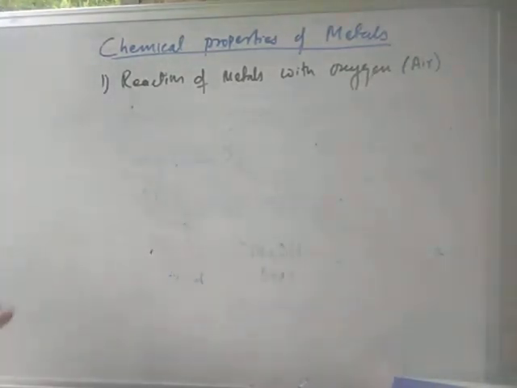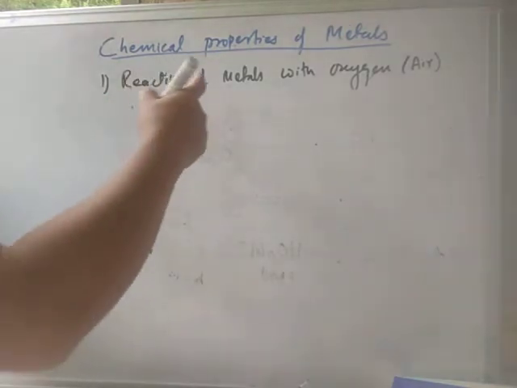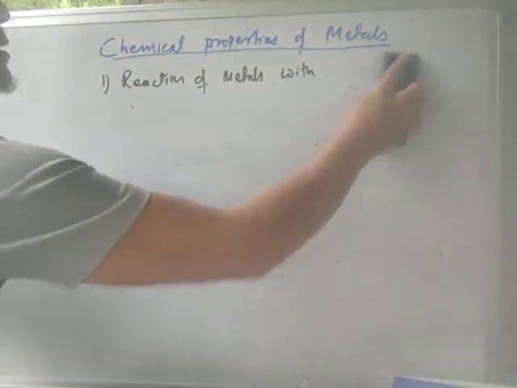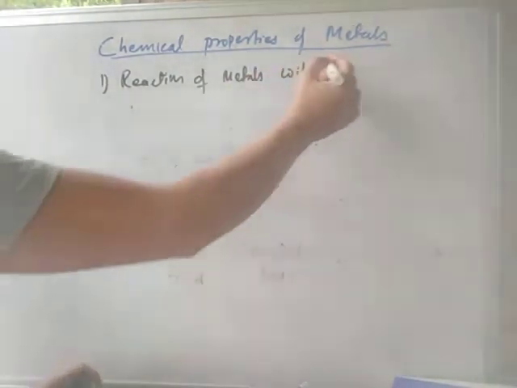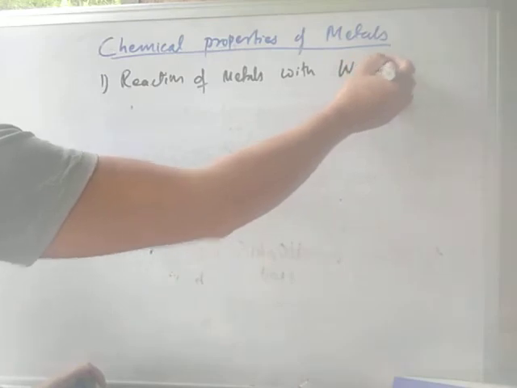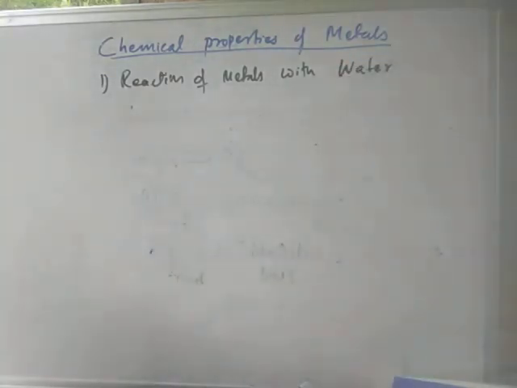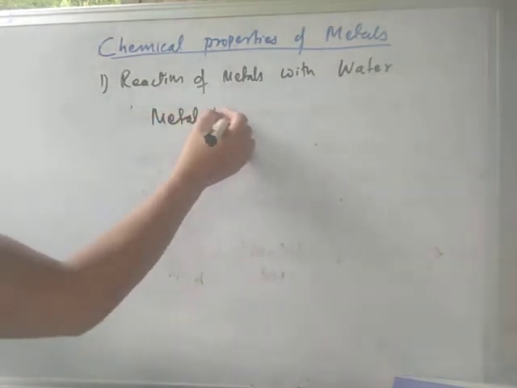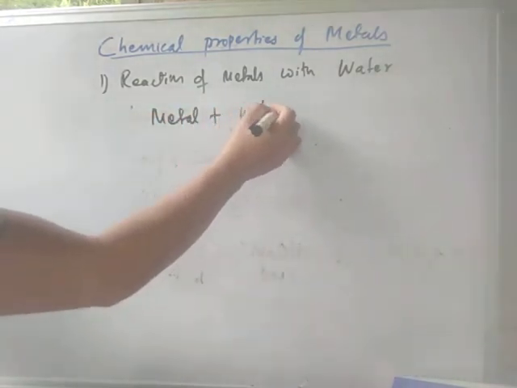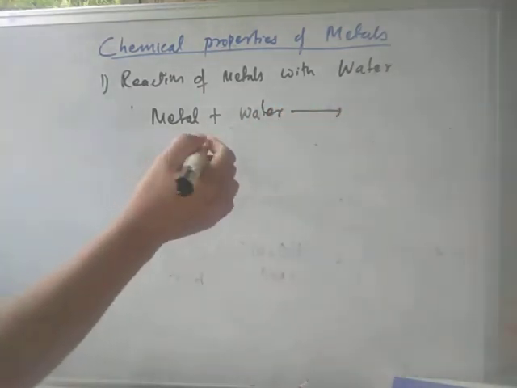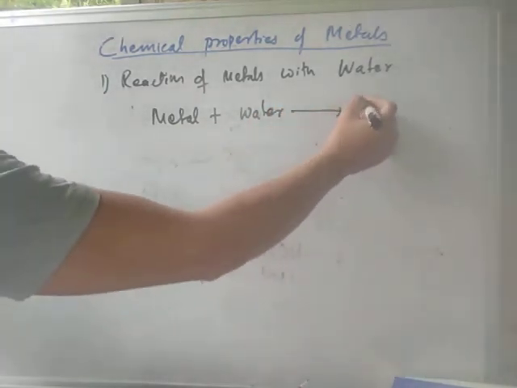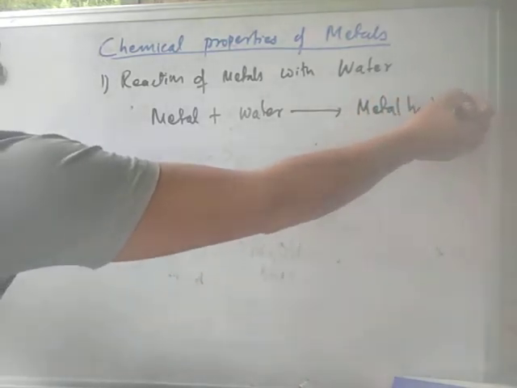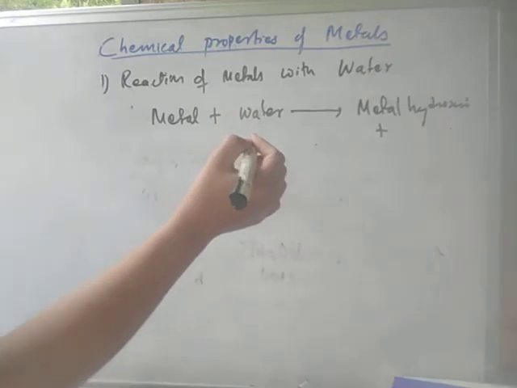Next, write down reaction of metals with water. What happens? Metals react with water to give metal hydroxide plus hydrogen gas.